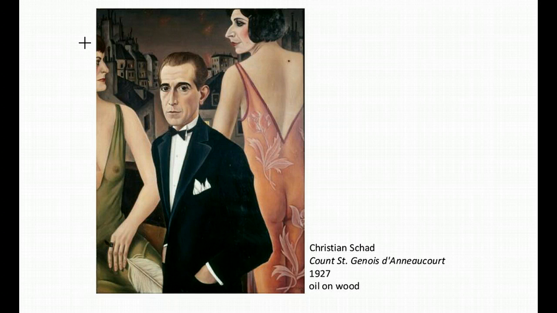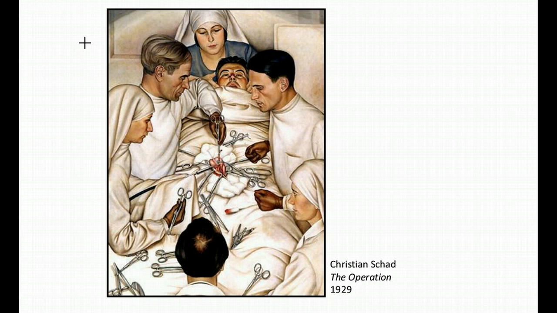This count, we know from historical record, did hold a variety of different tastes when it came to sexual pleasure, and he was not shy to have painter Christian Schad make that central to this portrait of him. This is another image of Christian Schad's work.